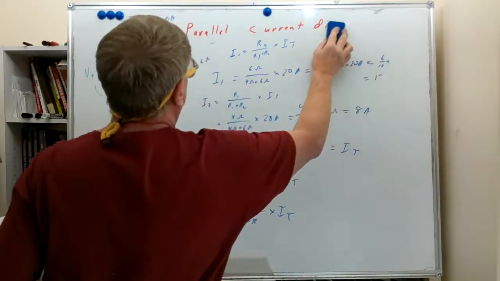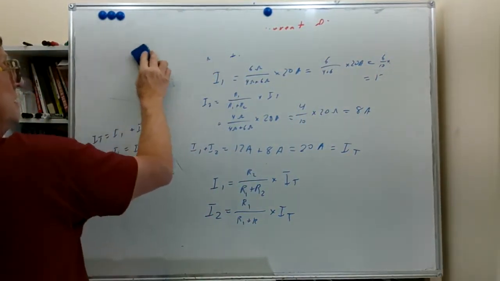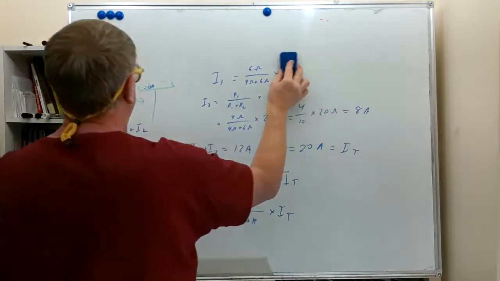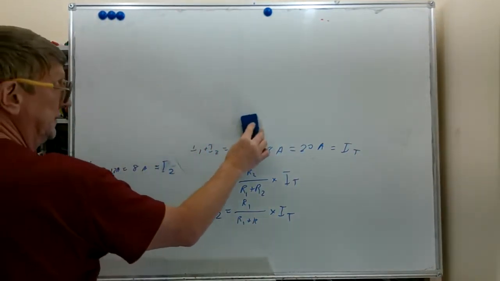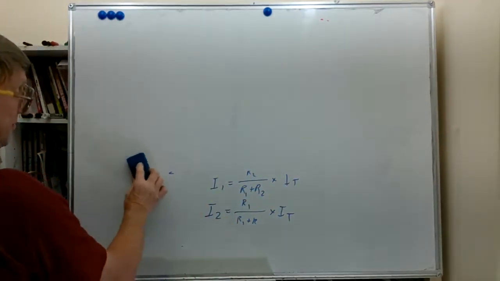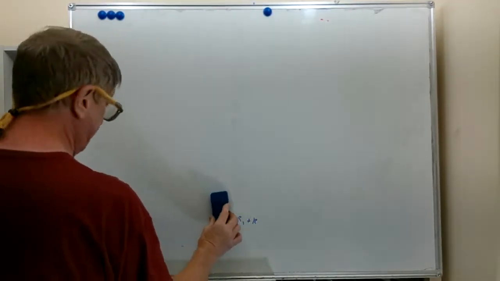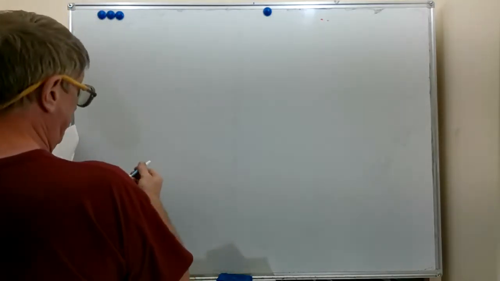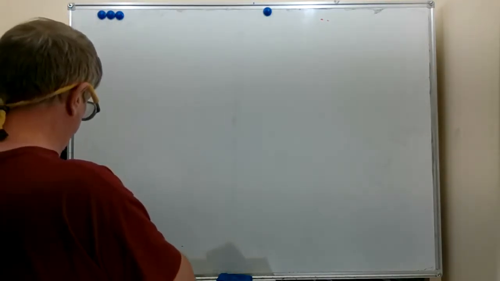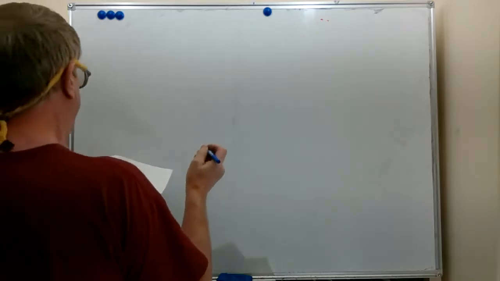You might have noticed that the current divider formula is kind of the inverse of the voltage divider formula. We're going to put these up side by side and take a quick look at that. We did a voltage divider example starting out the day.